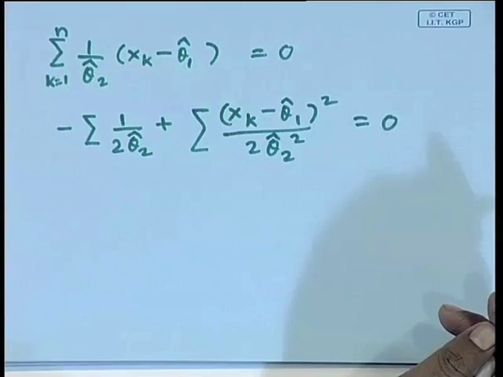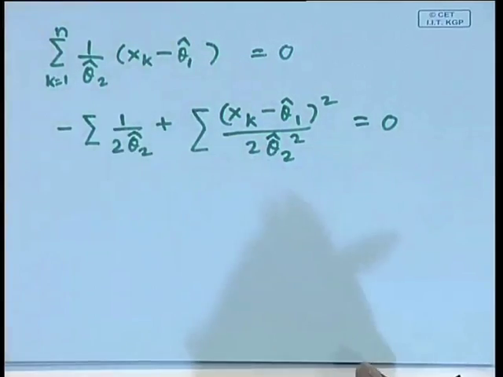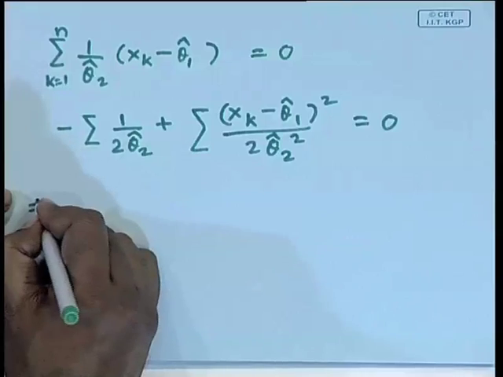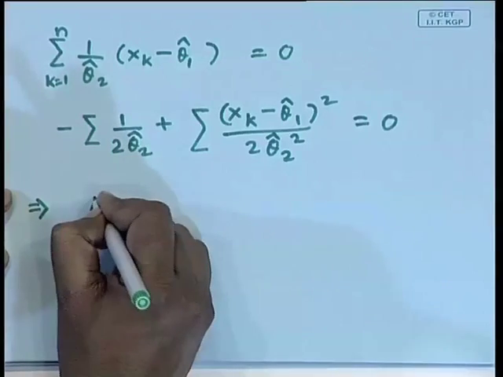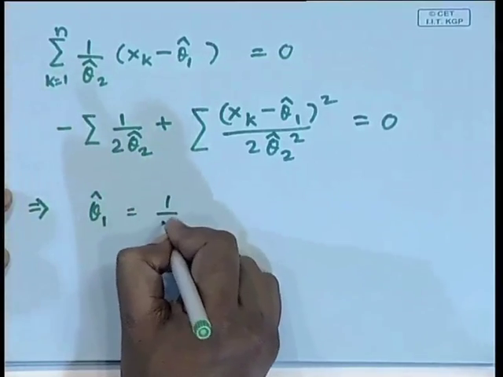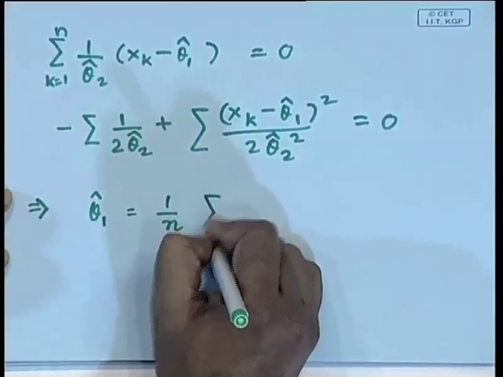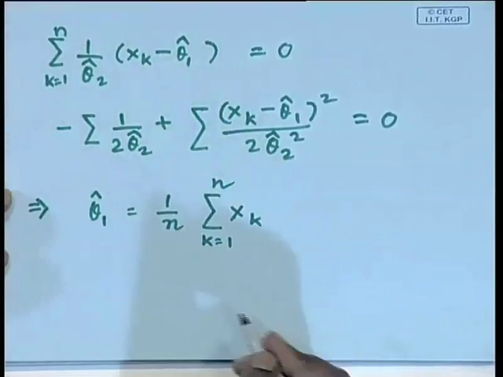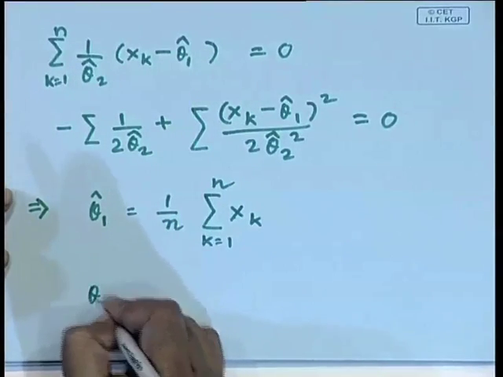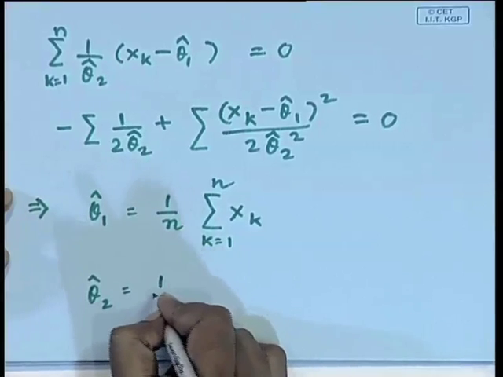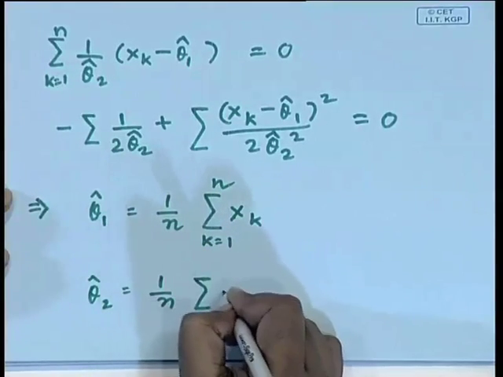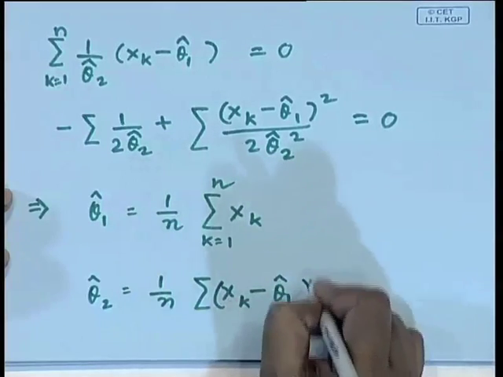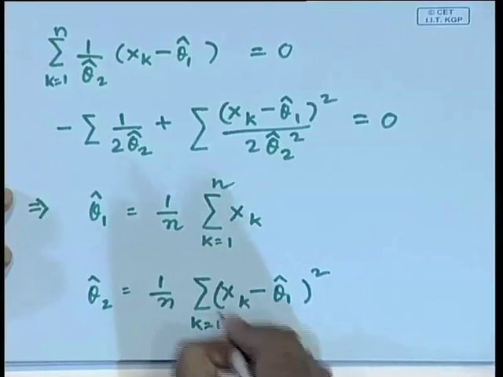So, I have to solve these two simultaneous equations, and when you solve them, you will get an answer of the form theta 1 hat is nothing but 1 upon n summation of x k, k varying from 1 to n, and theta 2 hat will be nothing but 1 upon n summation of x k minus theta 1 hat square, where k varies from 1 to n.